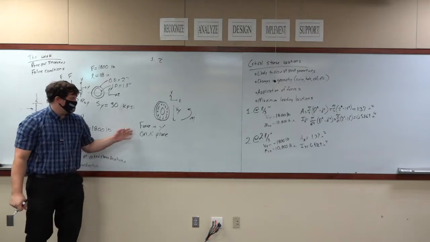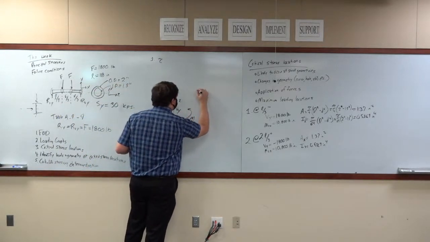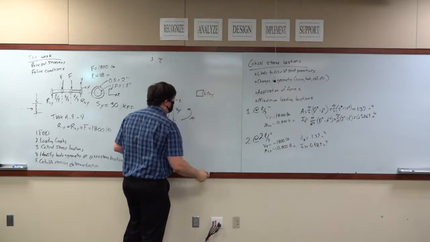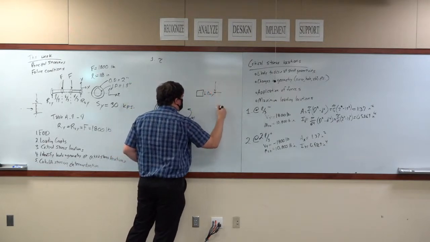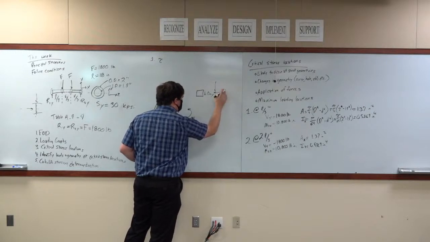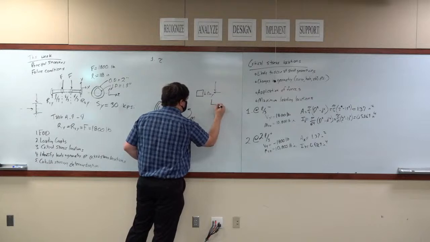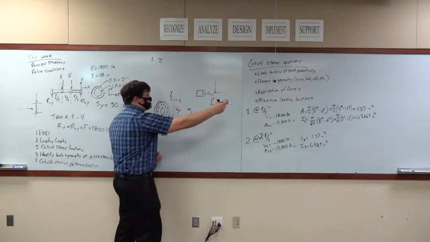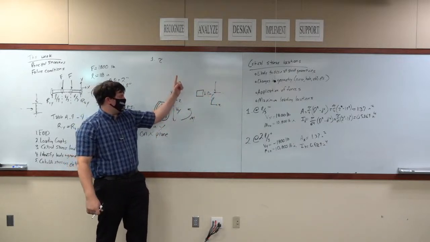Good. If we look at a square like this, we have tau xy because this is the X plane, this is the Y direction.